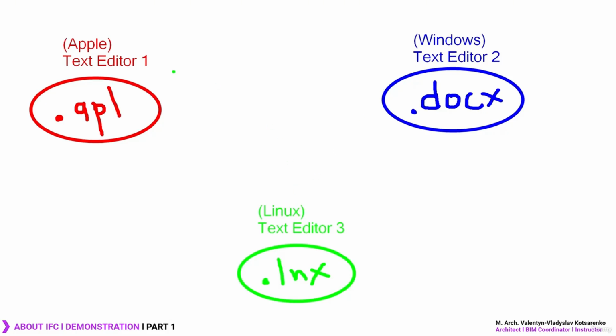And let's say that each operating system will have its own text editor in order to create documents, text editor 1, text editor 2, and text editor 3. Now, these are completely made up formats. I don't really use Apple or Linux operating systems. I only know the one for Windows. But let's say that each text editor has its own separate format.